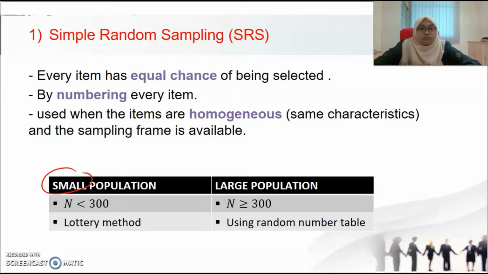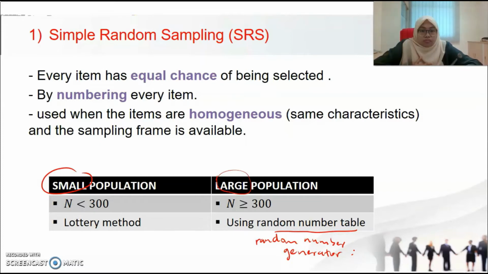Okay. But for a large population, when the population size is more than or equal to 300, we might use a random number table or a random number generator to pick our random sample.